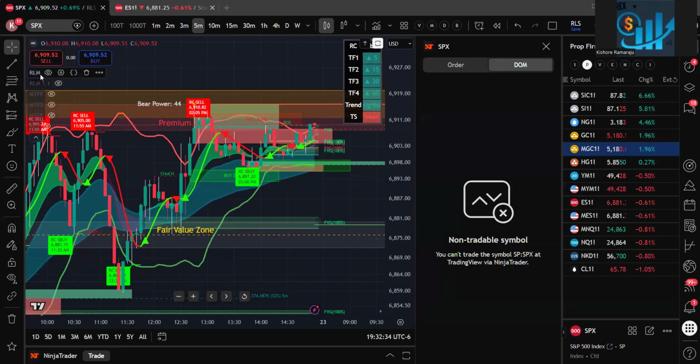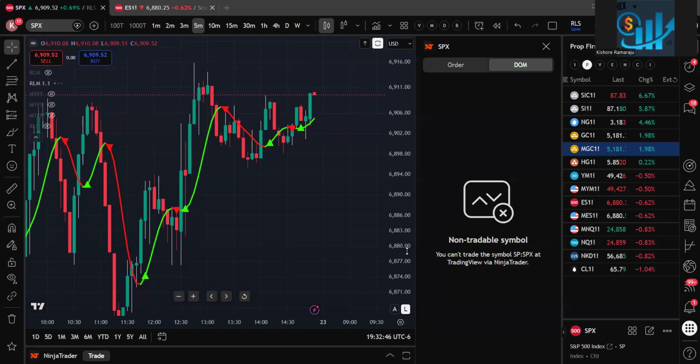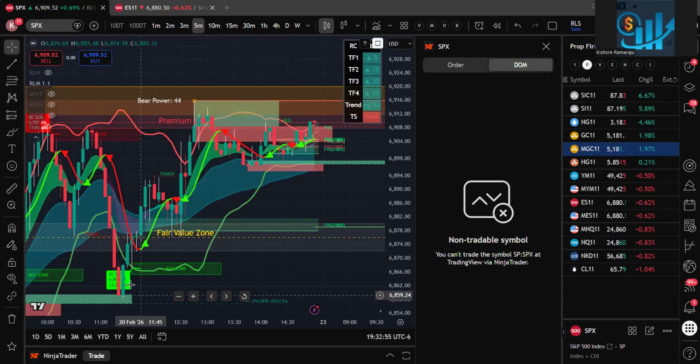If you don't want to take too many trades, if you do RLM 1.1, you got a buy signal, and because this was a small drop, it did not give a sell signal. Again, it did.